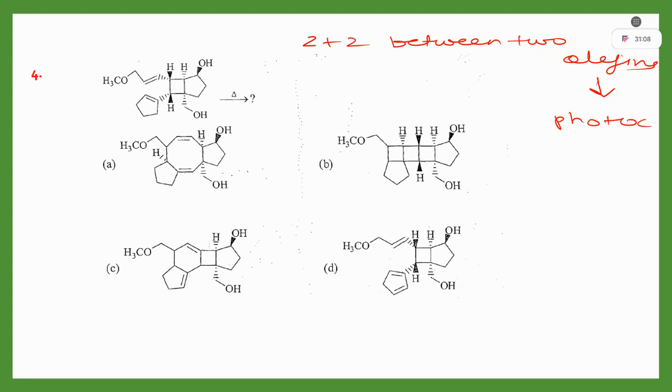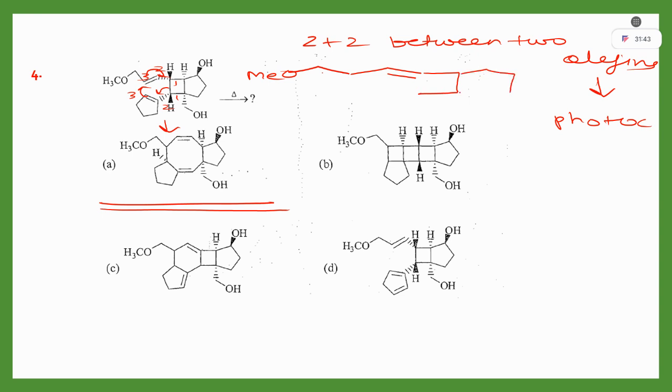Okay, Aarti. So next possibility is your 1, 2, 3, 1, 2, 3, sigmatropic. And when you do sigmatropic, you will find out that you will be able to form option number A. Let me draw for you. Wait. Okay. This double bond will come here. This bond has broken.